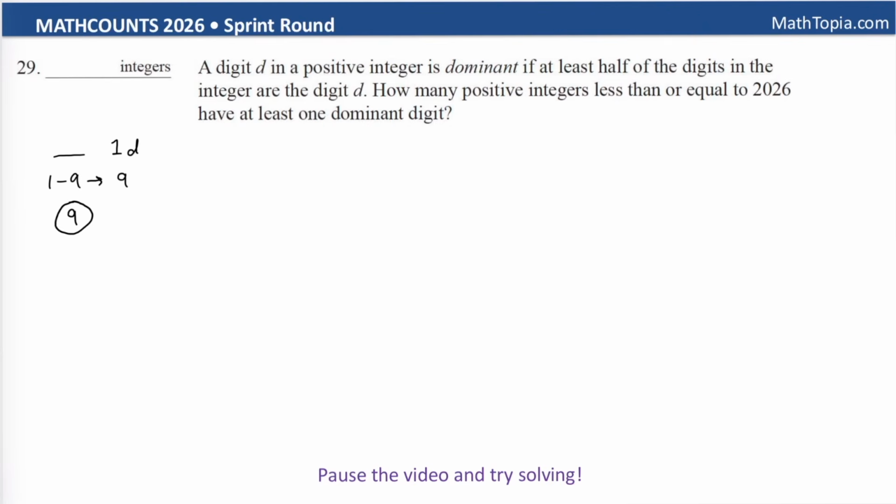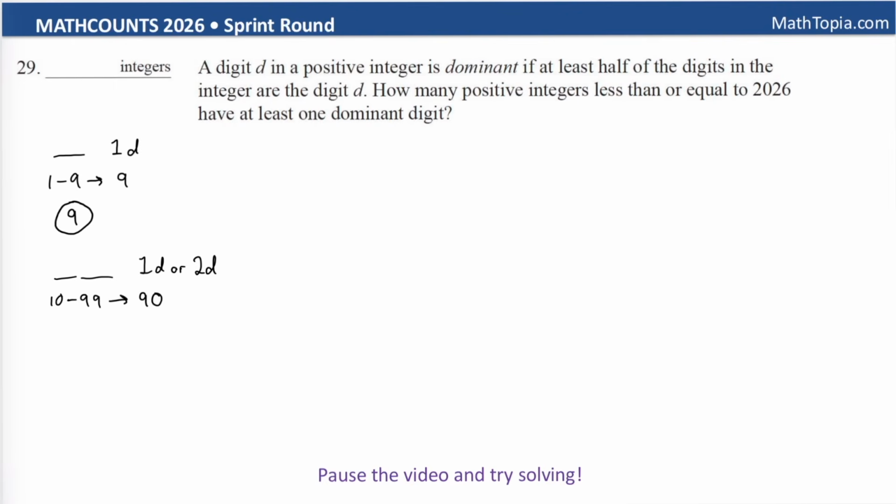Next, looking at our case with 2 digits, these would be the numbers 10 through 99, which is 90 total integers. And in order for a 2-digit integer to be dominant, it needs to have at least one dominant digit or 2 dominant digits.